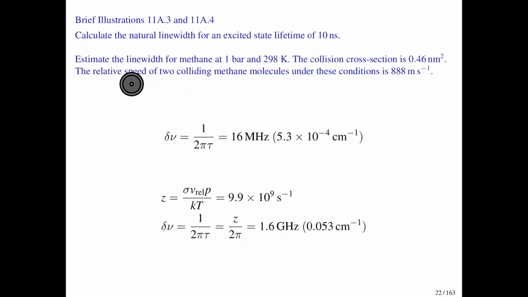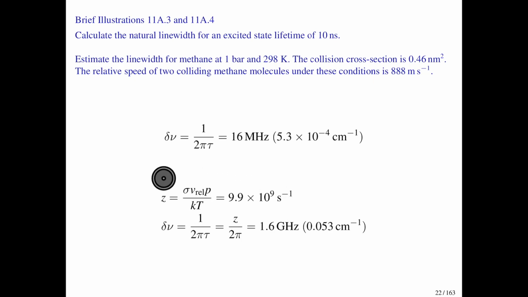For the second example, we're considering pressure broadening in methane. The pressure is 1 bar, temperature is 298 Kelvin. They give us the cross-section. They're kind and even give us the relative speed. So we just simply plug all of those parameters into this quantity here. It gives us the collision frequency, so quite a few collisions per second in this sample, 10 to the 9th.